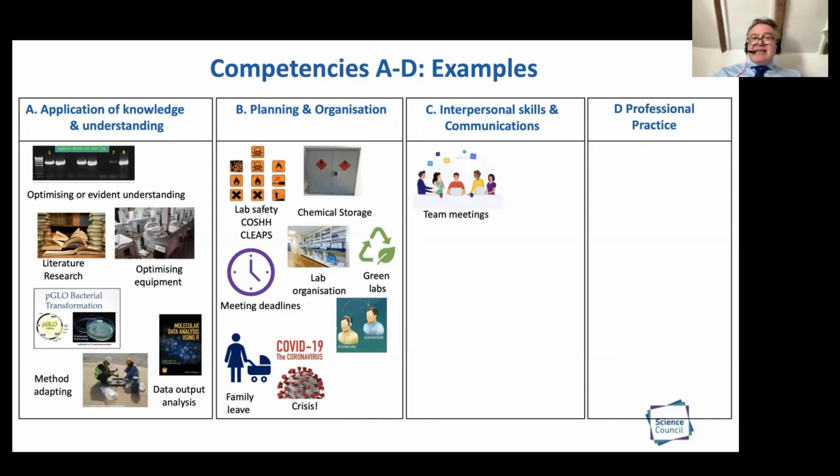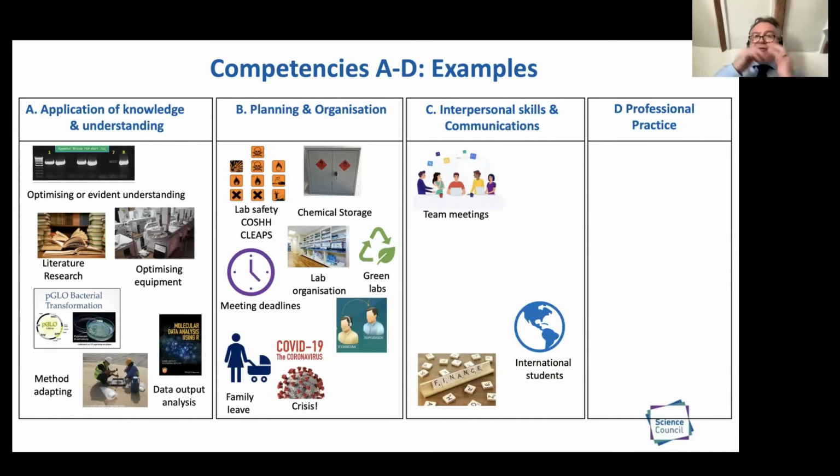As an RSI or similarly a CSI, it may be how you train junior technicians or new PhD students in the performance of science, teaching them the standard operating procedure and the associated COSH that we've referred to in competencies A and B. An example of dealing with non-specialists would be if you're a CSI, for example, maybe you manage a simple consumables budget for the lab, and that might involve auditing what you spend and conferring with finance about the fact that you are expected to demonstrate that you're sticking to spending limits and justify that spending.